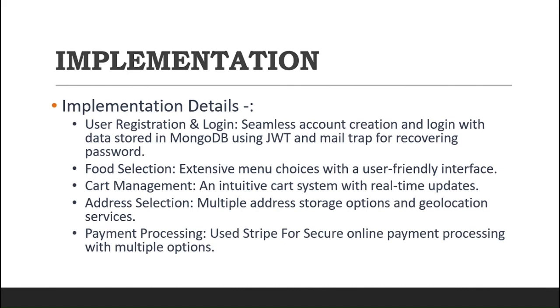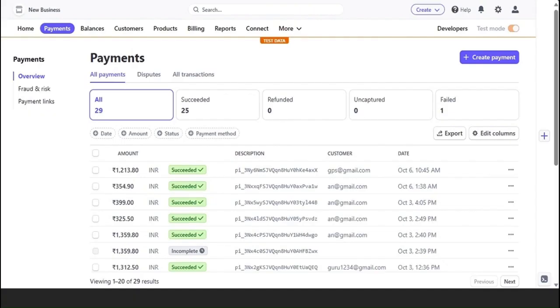After filling in card details, our payment is successfully done. We can see the payments on the Stripe website as well as in our project. Here you can see the screenshot of a payment at Stripe done using our website.